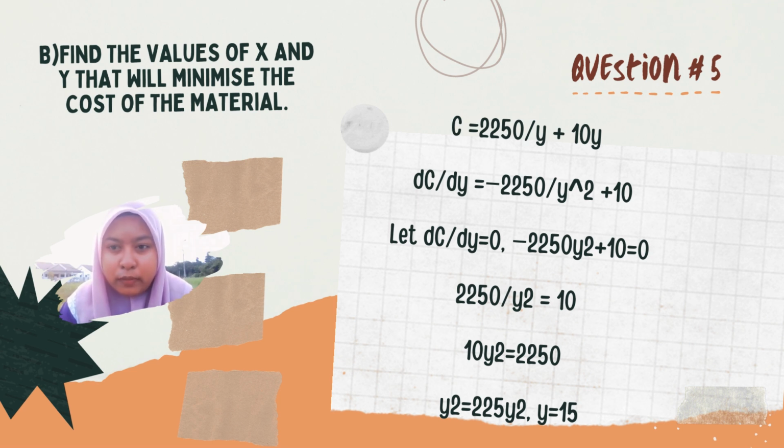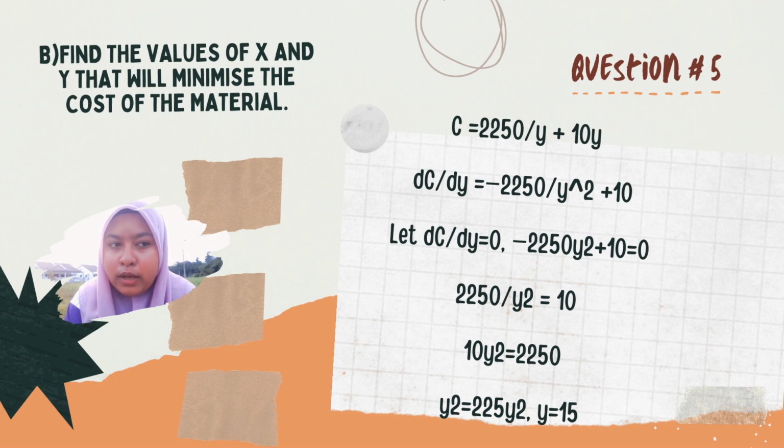First, C equals 2250 over y plus 10y. dc over dy equals negative 2250 over y to the power of 2 plus 10. Let dc over dy equal 0. Negative 2250 over y to the power of 2 plus 10 equals 0. Then 2250 over y to the power of 2 equals 10.